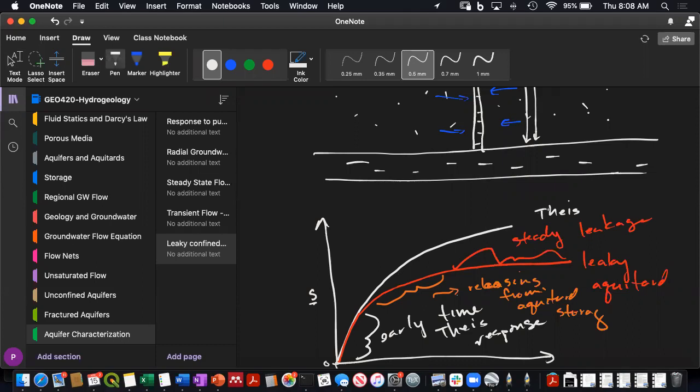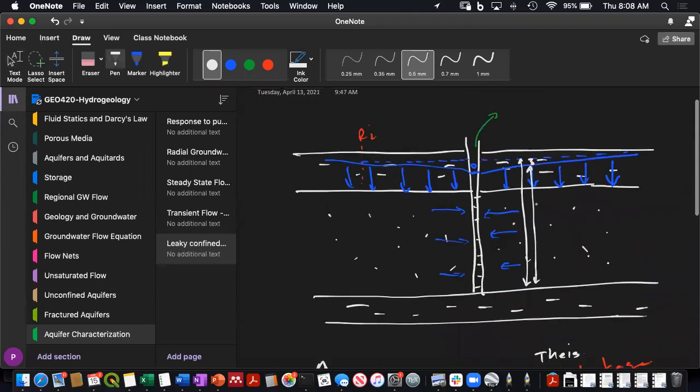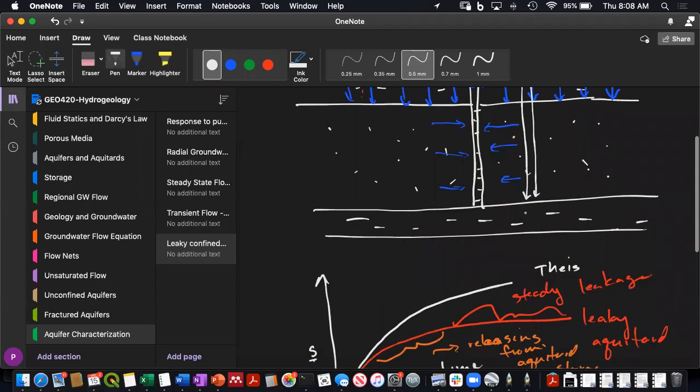That's the Theis response. All of these assume that we are pumping at a constant rate.